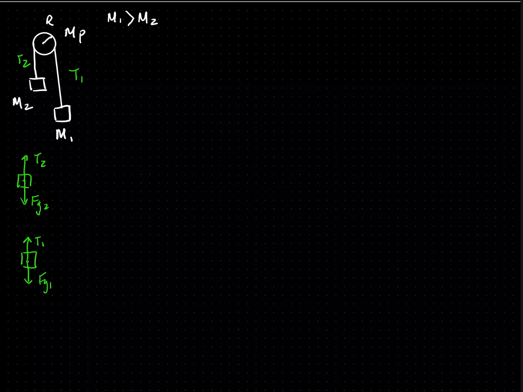If the pulley was massless, since this is one rope, tension 1 and tension 2 would be equal. Since the pulley is not massless, there is a torque produced by tension 1 and tension 2, and the torques will be dependent on the weight and the acceleration.